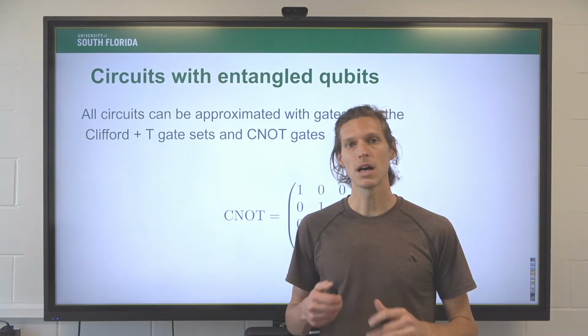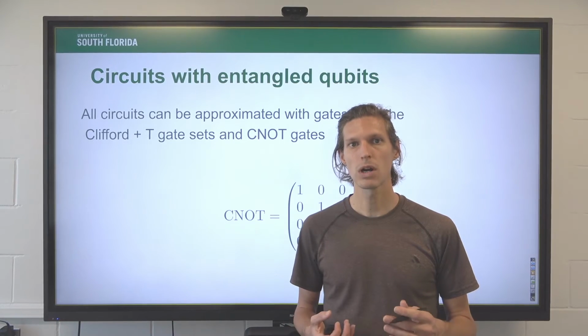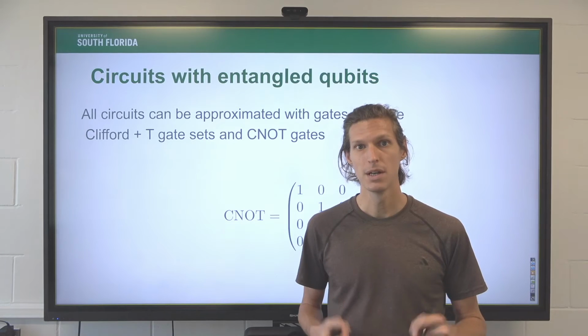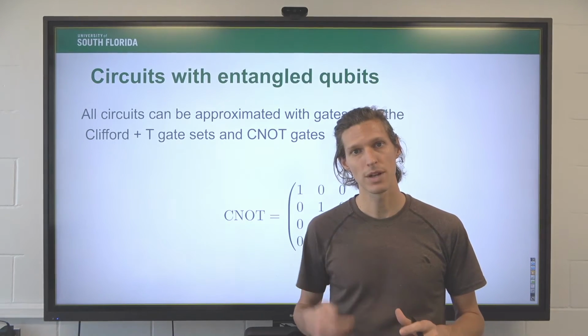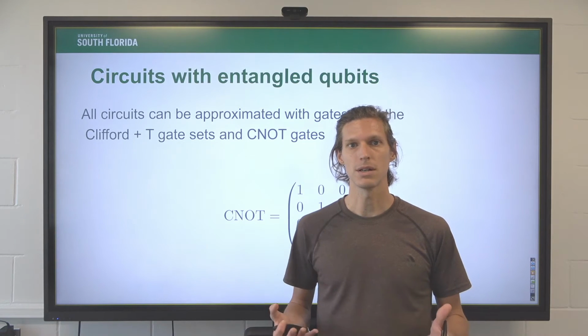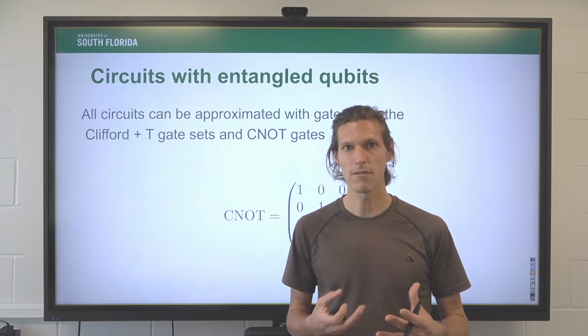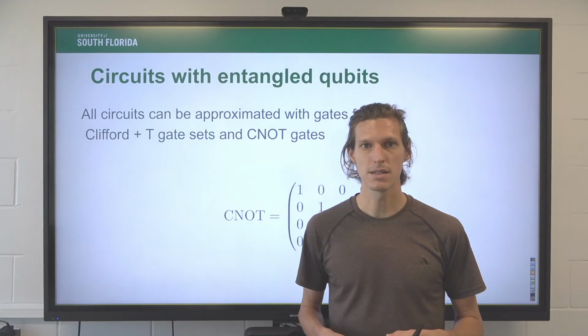However, every operation that involves multiple bits of information will require the qubits at some point to interact with each other. So we'll have to throw one more gate in our gate set to approximate efficiently any arbitrary circuit, and that is the CNOT gate.